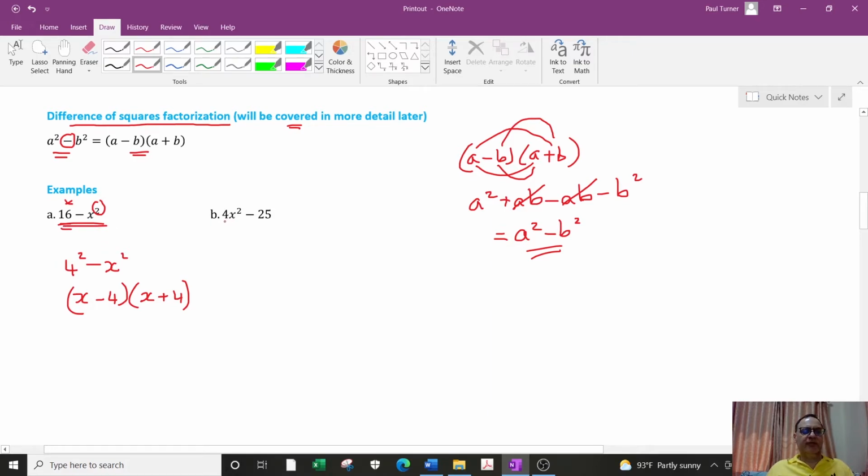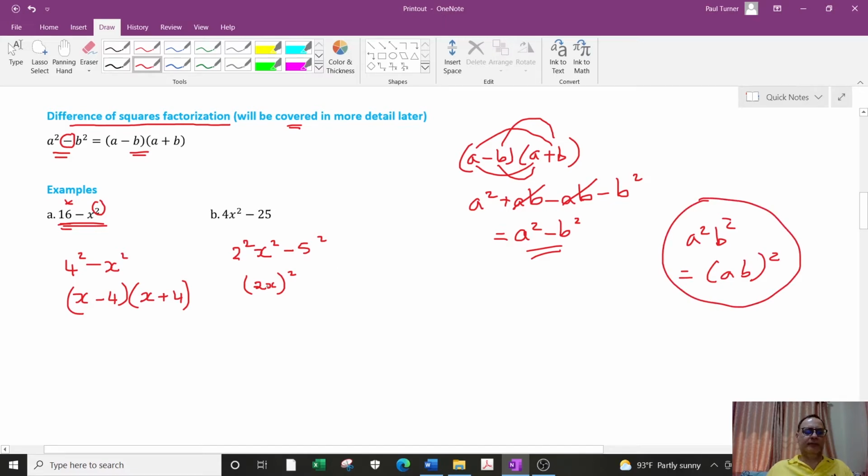In this question, we have 4x squared minus 25. Try to make this powers of 2. 4 is 2 squared, x squared. 25 is 5 squared. 2 squared x squared can be written as 2x all squared. It's the same thing because we have a rule, a squared b squared is ab all squared, like that.